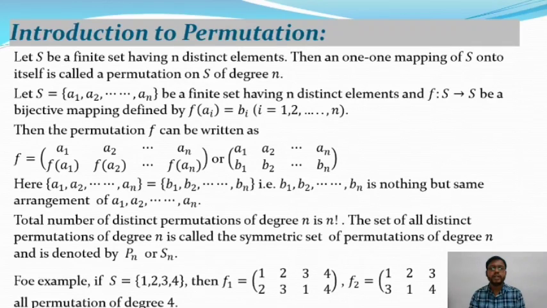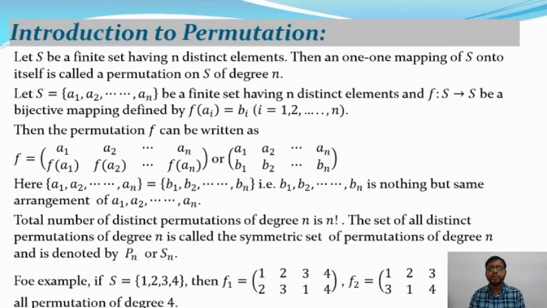Okay, so there are n factorial distinct permutations of degree n. If the permutation is of degree 3, then there are 3 factorial, that means 6 distinct permutations of degree 3.